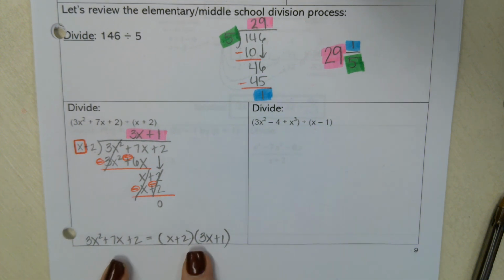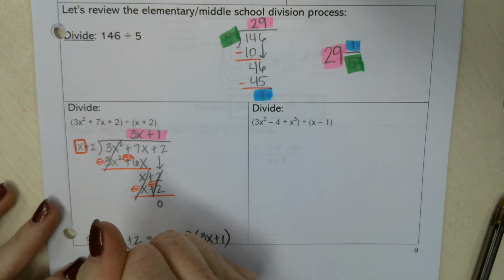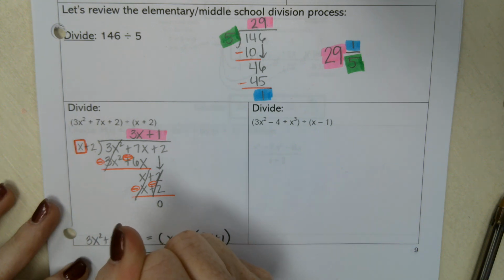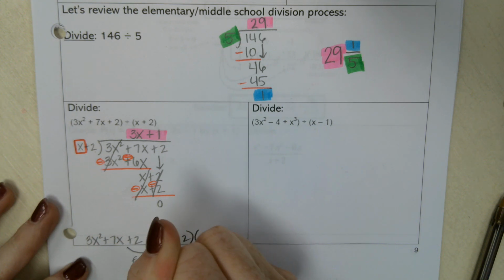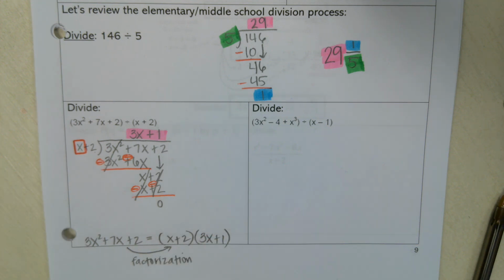So that factored pretty. Okay? So I'm going to say that this right here is the factorization of that original polynomial. If I were to factor it, that says factorization.